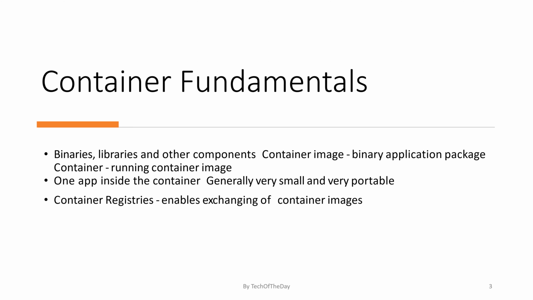Generally speaking, you will run one application inside of a container, as the container image becomes the deployment mechanism for your application. And so container images are generally going to be very small and portable.